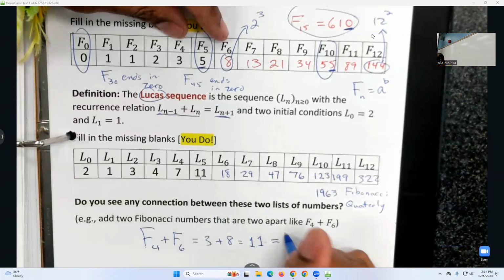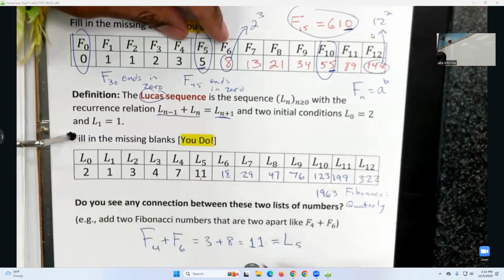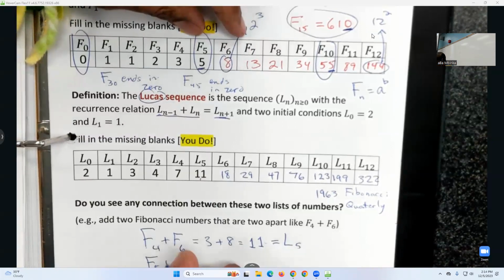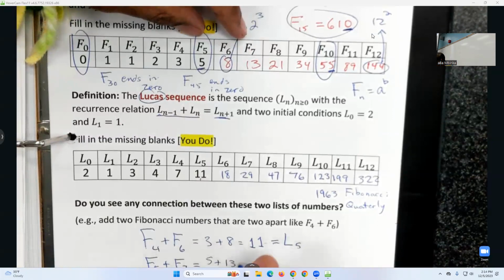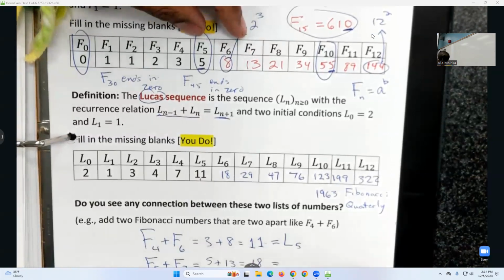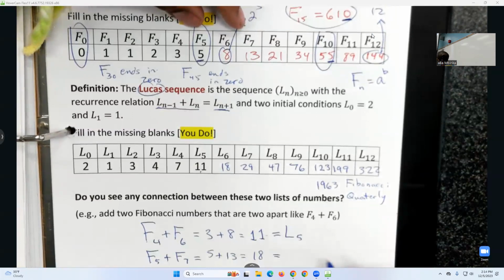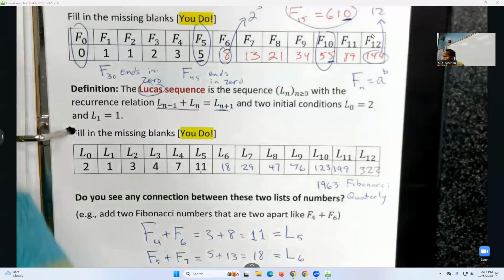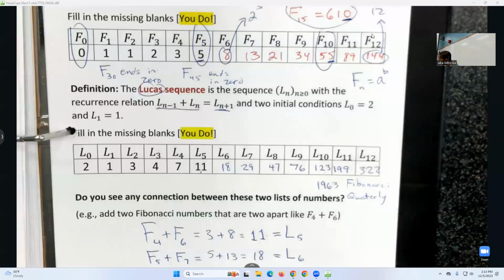It is L5. So let's shift over one to F5 and F7. F5 plus F7 is 5 plus 13, so we get the number 18. Is that a Lucas number? Yes. Which one? L6.